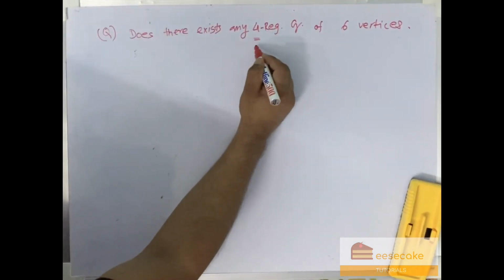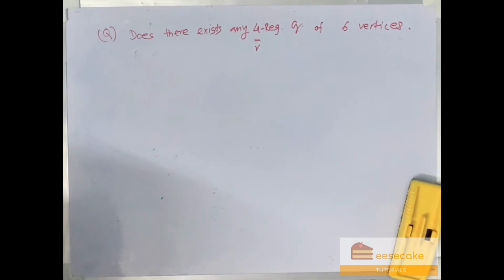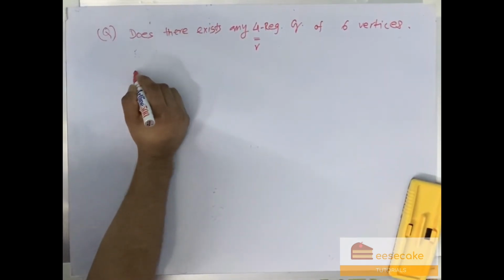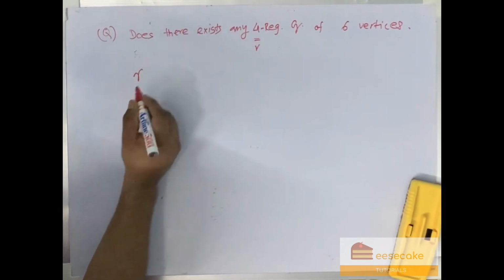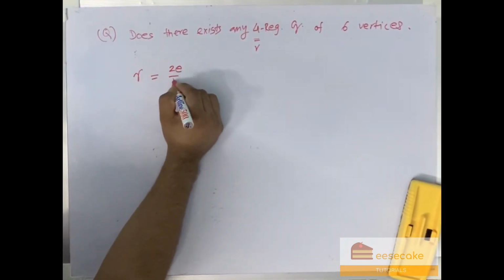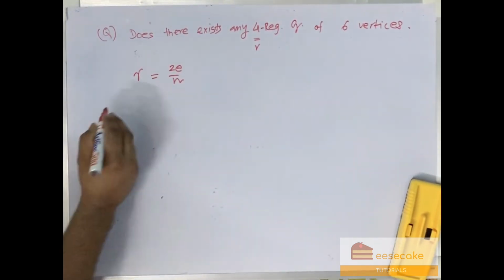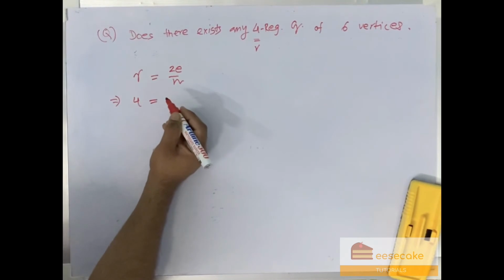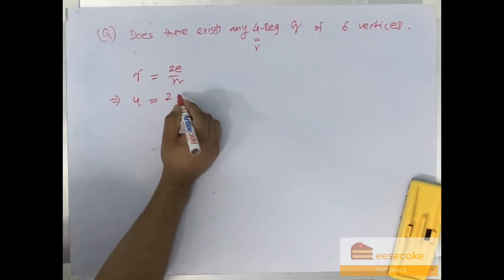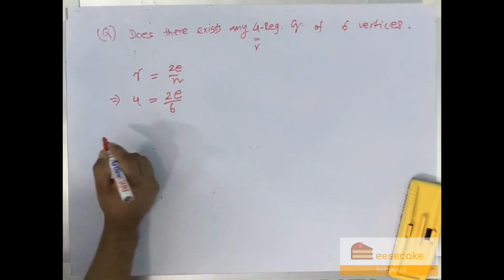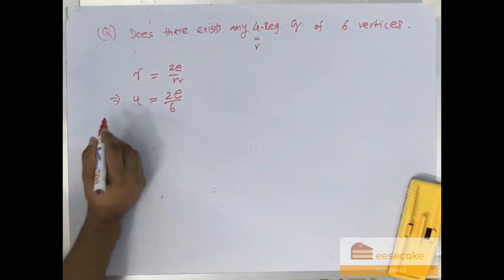This 4 stands for r, the degree of each vertex. So the formula that we learned, r equals 2e by n, right? Now this r is here 4 and 2e is unknown, but the number of vertices is given as 6.